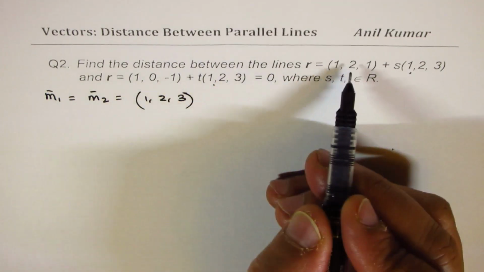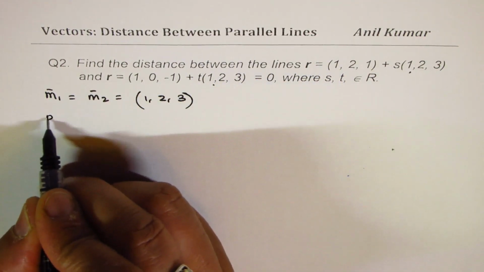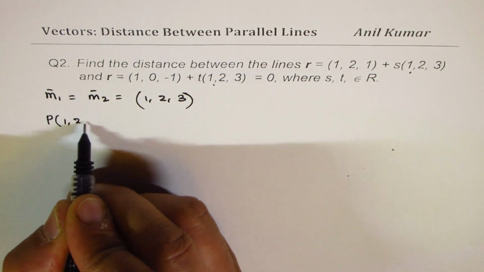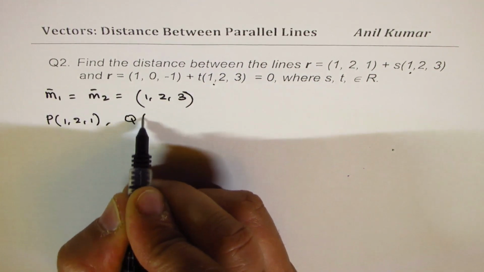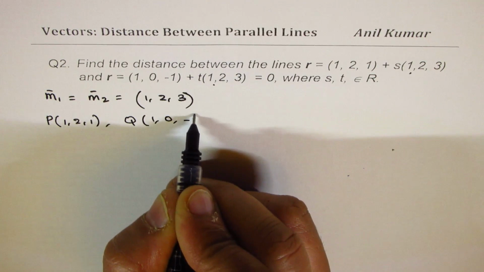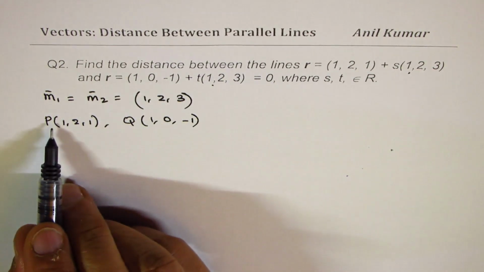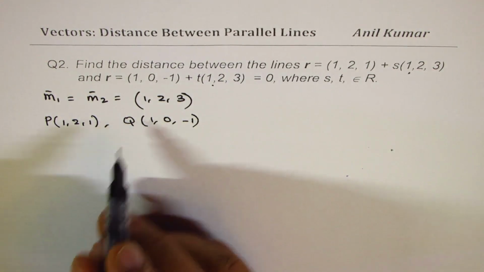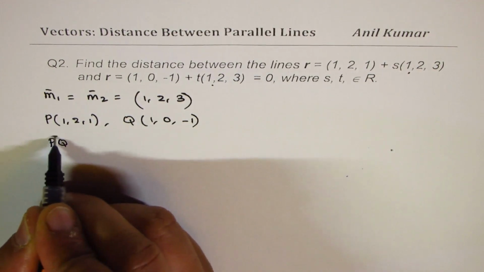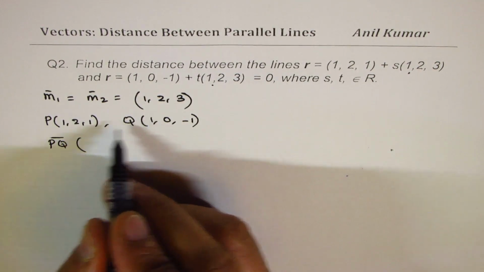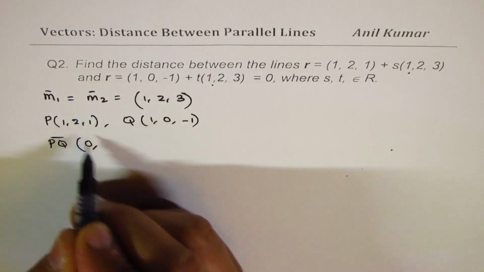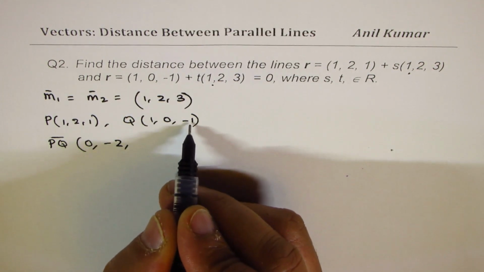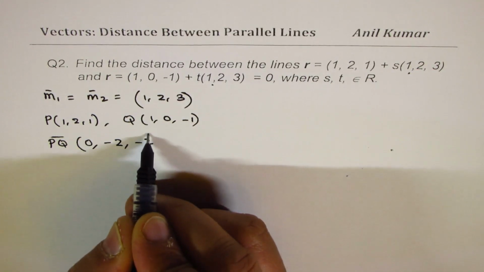We have points on each line already given. Let's say P for us is (1, 2, 1), and Q is (1, 0, minus 1). So PQ will give us another direction. PQ will be 1 minus 1 is 0, 0 minus 2 is minus 2, minus 1 minus 1 is minus 2.